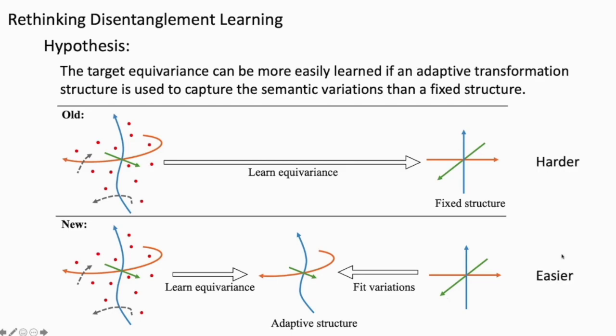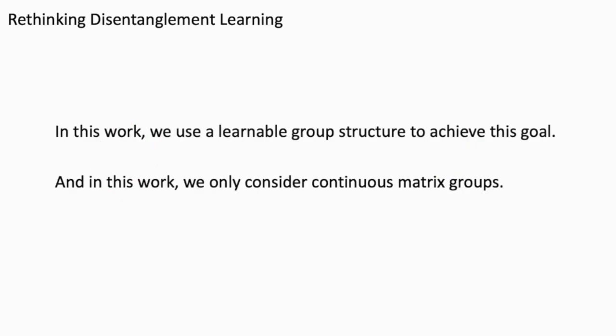And we assume the new scheme is an easier task than the old one. In this work, we use a learnable group structure to achieve this goal, and we only consider continuous matrix groups for easier parameterization and computation.